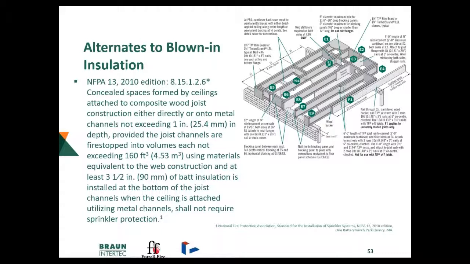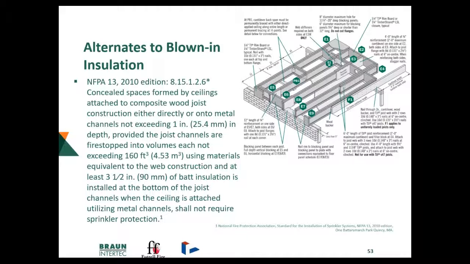Gary mentioned some alternates, and this is one. I've just put a slide on here of the 2010 edition of NFPA 13. That's what's adopted in Minnesota and will be for some time yet. The 2019 edition has a very similar section. It's just got a different section number because they revised the entire standard.